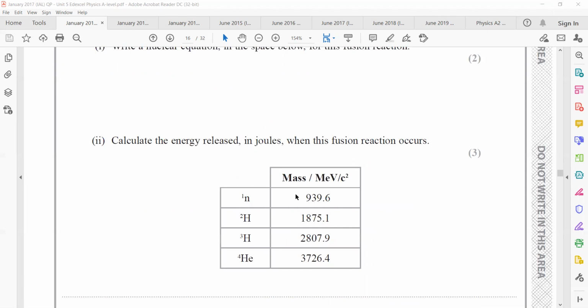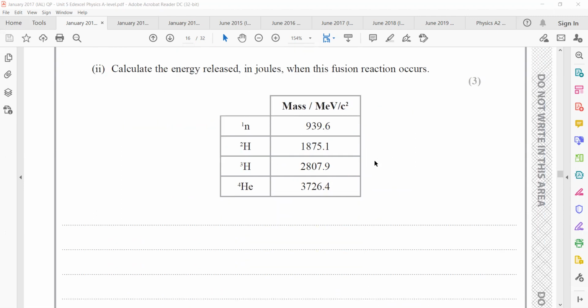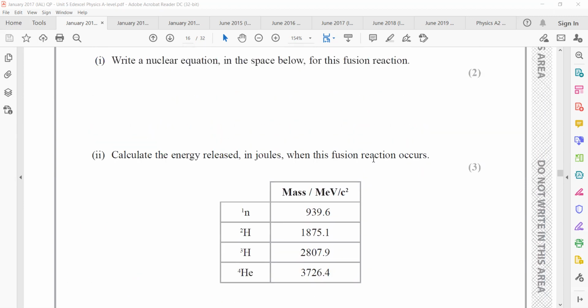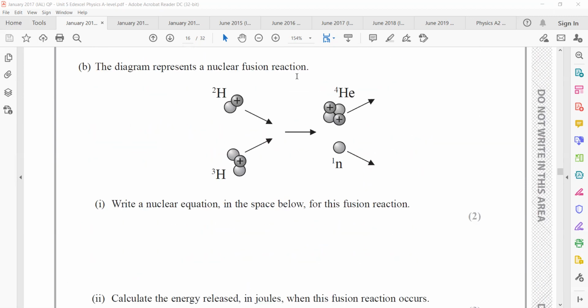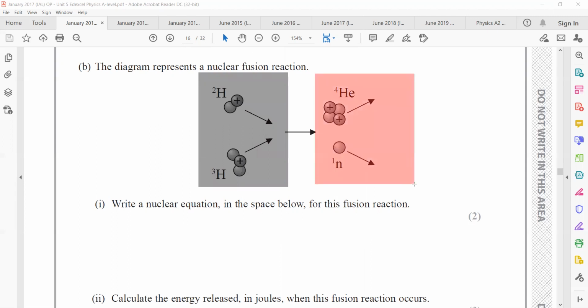Calculate the energy released in joules when the fusion reaction occurs. So how do we calculate the energy release? Basically, we find the mass defect. We find the mass of the reactant and the mass of the product, and the mass of the reactant minus the mass of the product will give us the mass defect.